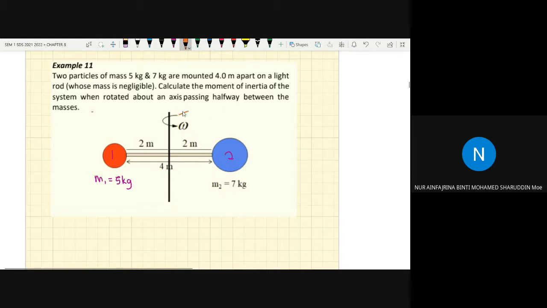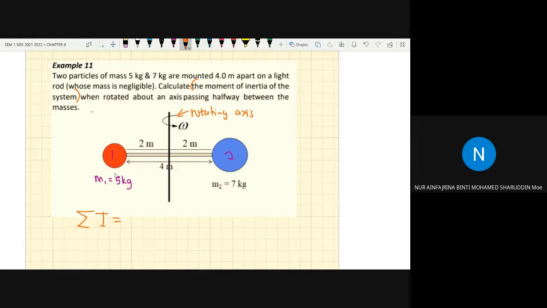So inilah dia punya rotating axis. So now the question asks us to calculate the moment of inertia of the system. Okay, so macam mana Miss nak buat? Apa formula moment of inertia? MR squared. Okay, jadi kita tahu Miss kena cari total moment of inertia.